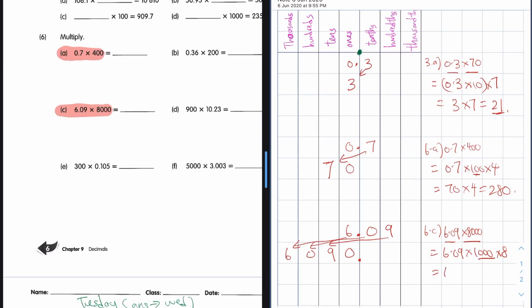So this is 6090 times 8. Okay, you will have to do some multiplication on the side, but it's going to give you 48720. Okay, and this is what it will get you. After this, give it a try and complete questions 3 and 6.